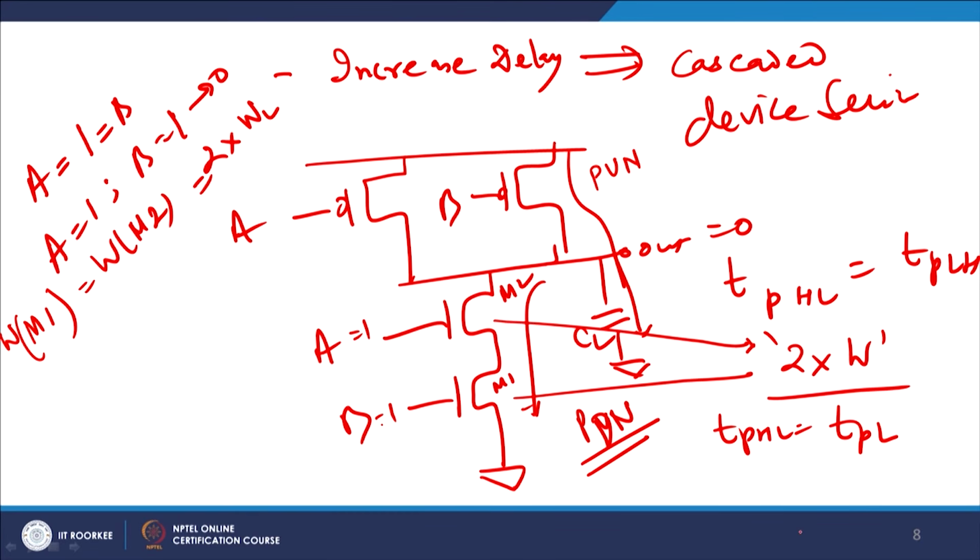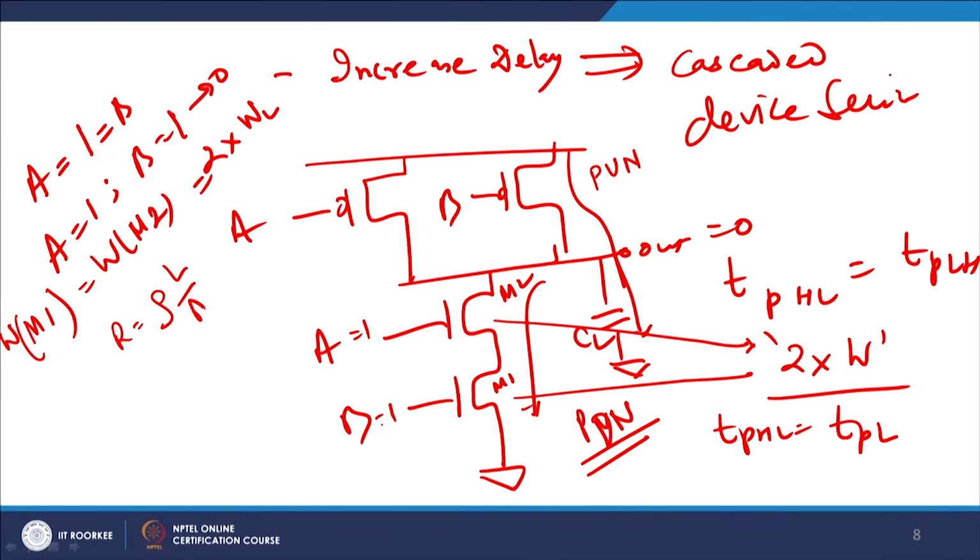And increasing W by twice means basically you are trying to increase the area, and R equals, remember, rho L by A. So when A increases double, R falls to half, so this becomes R by 2 and this is R by 2, R by 2 plus R by 2 is equal to R, and this is also R. And as a result you will see that whenever you want equal values of TP-HL and TP-LH propagation delay, you require the W by L ratios, at least for the NAND gate, to be exactly double that of the PMOS, right.